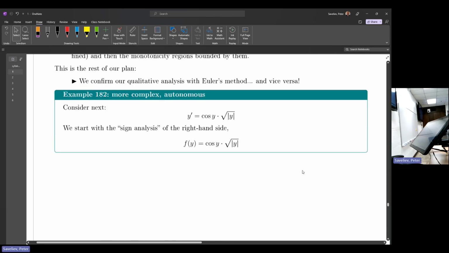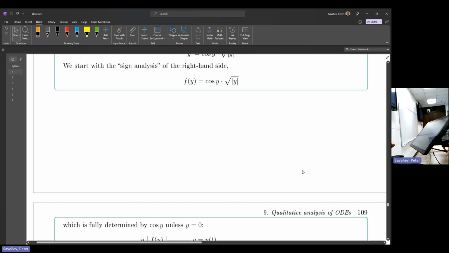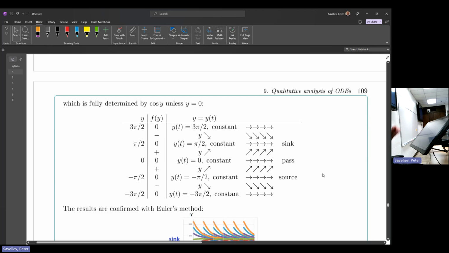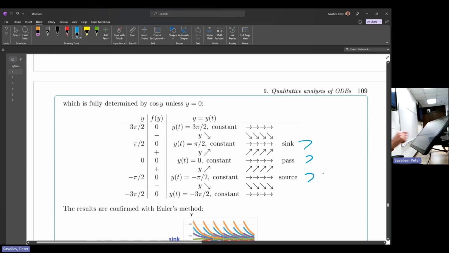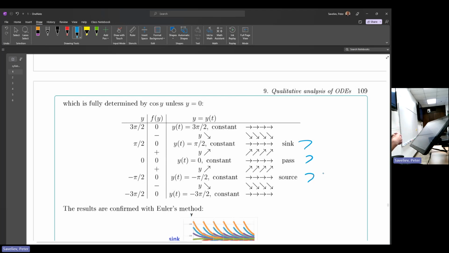Here's another example. This one has certain non-differentiability, but still autonomous. And so once again, here all I do is the arrows, which I just know which one is going. And then I classify, sometimes it makes sense to classify each stationary point as either the sink, everything goes towards it, or source, everything comes out of it, or a path that it appears, but it's not really the case.